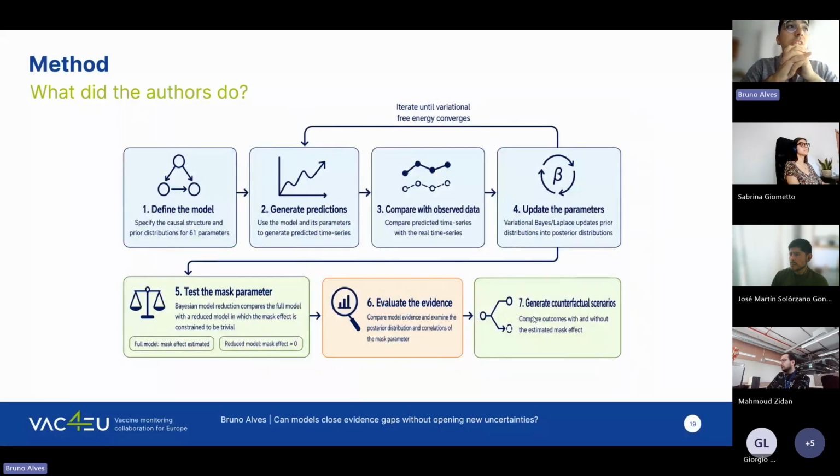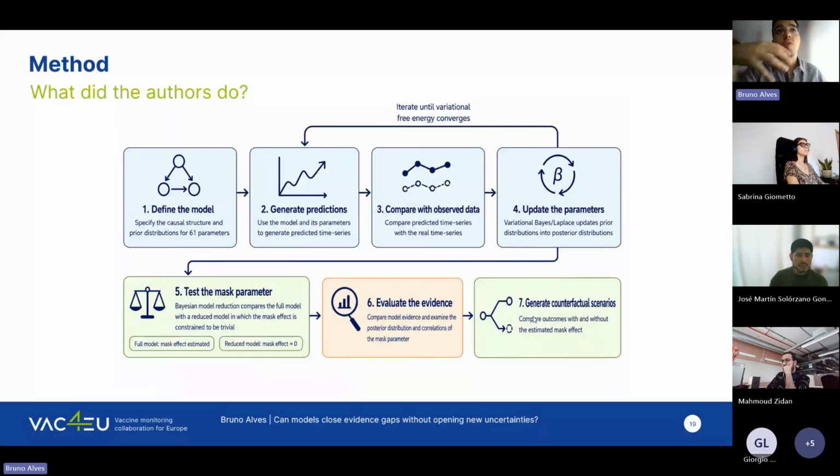After the definition of the model and the specification of the causal structure and the distribution for all the 61 parameters behind this model, they generate data, the green boxes that I showed you previously. And they compared the generated model data with the observed real-world data.